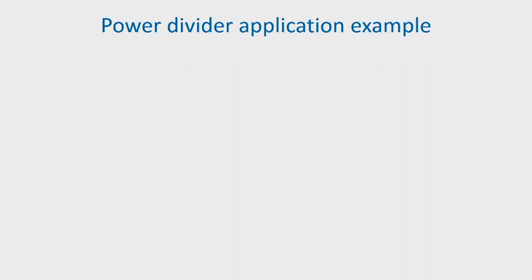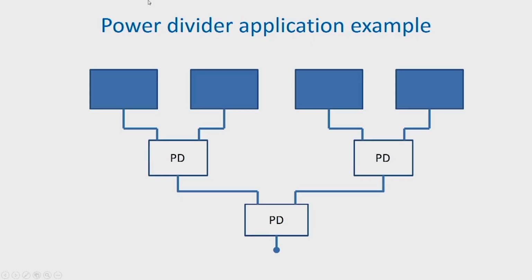Now, let us see an example of application of power divider. This shows an array antenna, array of printed elements, and assume that the array elements are to be uniformly excited from a single input source.